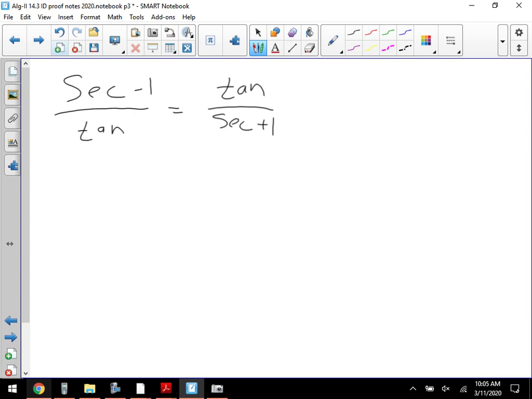But I don't know if it's going to work or not. One of the things I would try, though, is try and do a conjugate with the numerator. Is there any rule that says you can't do that? No. It's kind of like how you would unrationalize something.